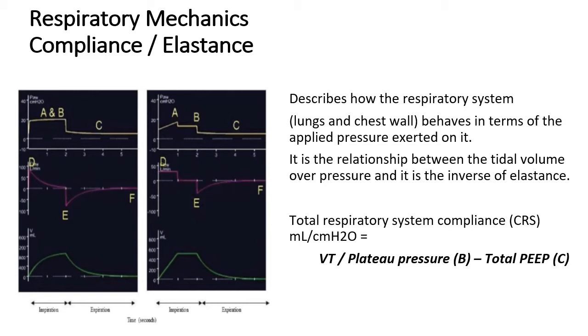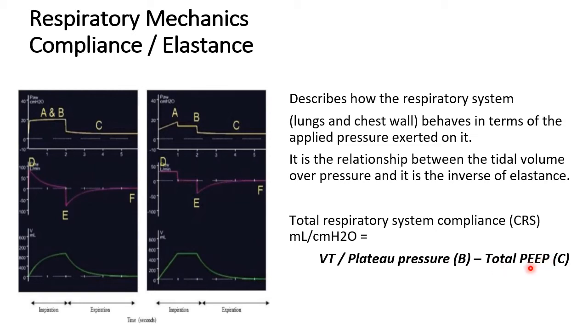What that means is they describe the relation of the respiratory system, which is a combination of the lungs and the chest wall, including the abdominal wall, how it behaves in terms of the applied pressure exerted on it. Simply, it's the relationship of the tidal volume divided by the pressure. So the total respiratory system compliance equals tidal volume over plateau pressure minus total PEEP.